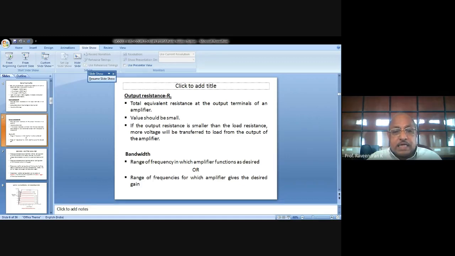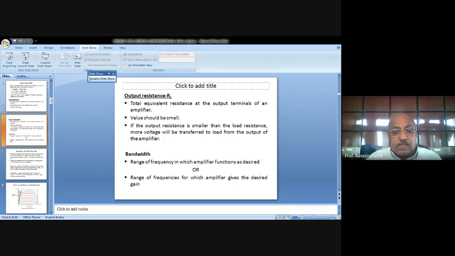Cin and Cc are called the coupling capacitors. The functions of the coupling capacitors are, one, to transfer the AC output of one stage to the input of the next stage, and two, to provide DC isolation between the first stage and the next stage. Why?